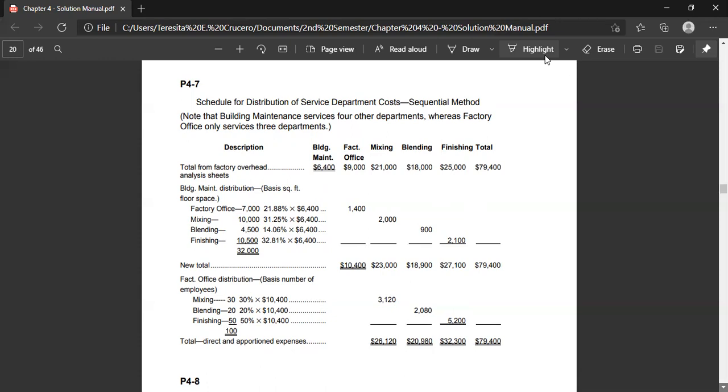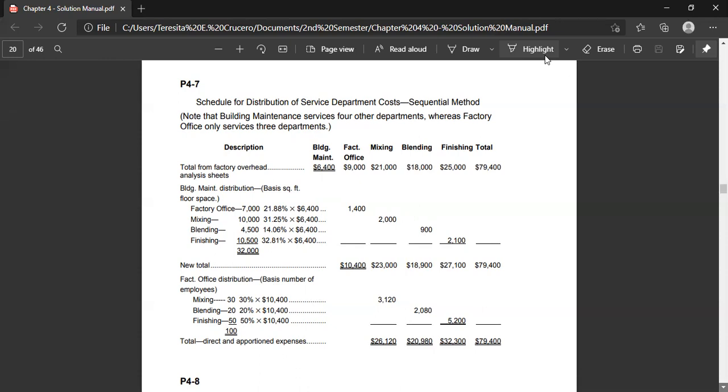Then after the allocation of the building maintenance cost, we are now ready to get the total cost of the factory office. Its cost will then be distributed based on the number of employees. So the distribution should only be made to three, and these are the producing departments: mixing, blending, and finishing.